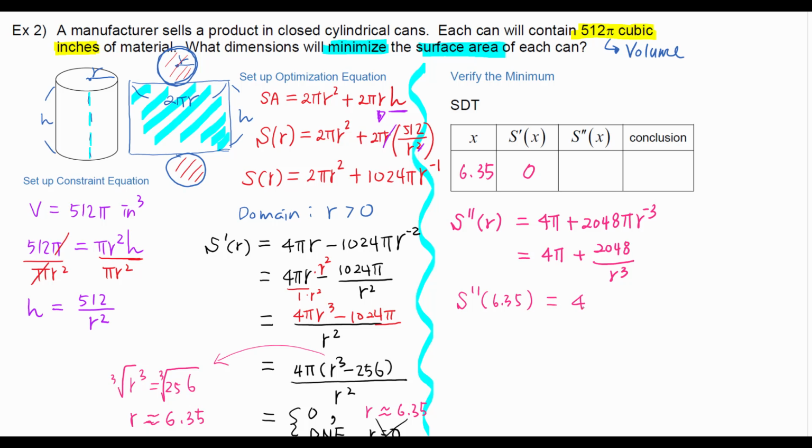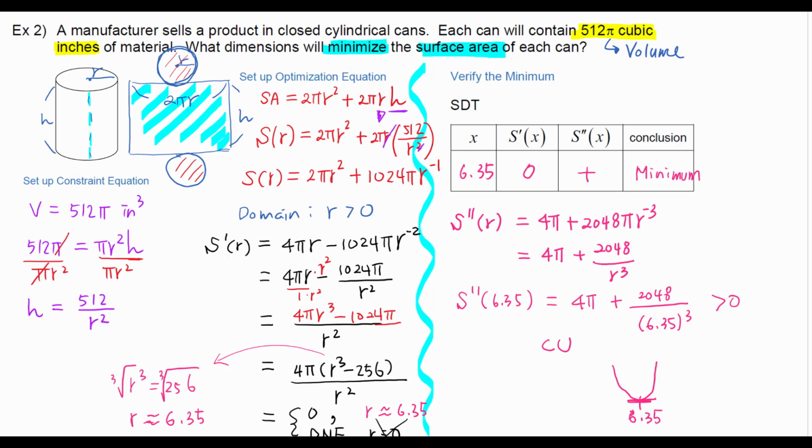So 4 pi is already positive, and then 2048 over 6.35 to the third power. You don't even have to calculate. Everything is a positive number. So this is going to be positive, which means it's concave up, and a critical number at 6.35, you have a minimum by second derivative test.